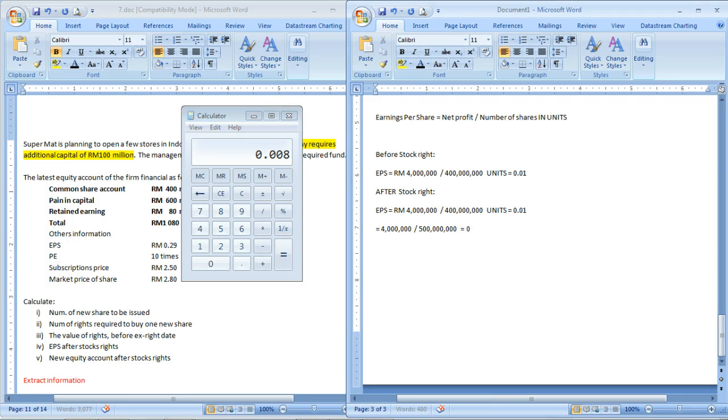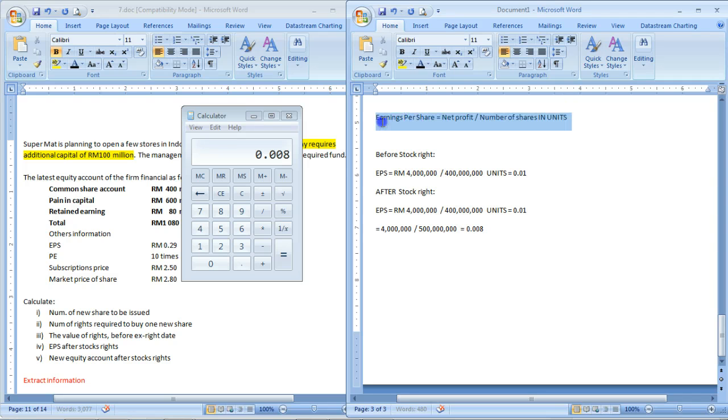This is your earning per share after stock right. Don't worry, probably in the final exam your amount of profit will be higher, but this question will only give you 4 million. So this is the way to calculate.